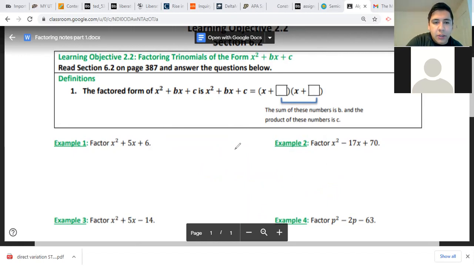So the thing that we're going to do is start off by focusing on this last number right here. I want you guys to give me the factors. What are the factors of 6? You can always start off with 1 and 6, because 1 times 6 is going to give us 6.